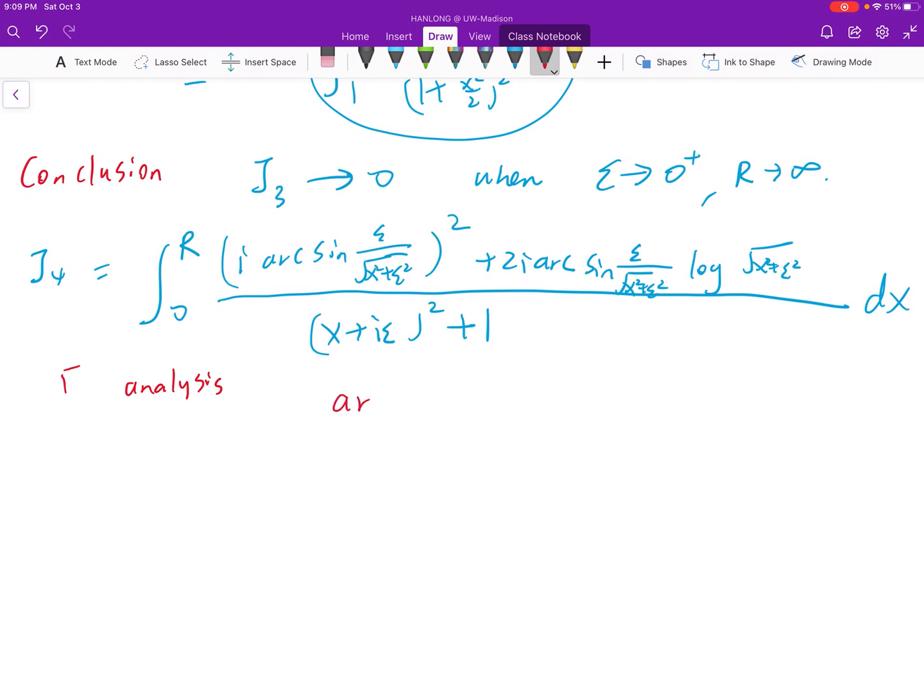Here, the hard part is arc sine and the log of the square root of x squared plus epsilon squared.